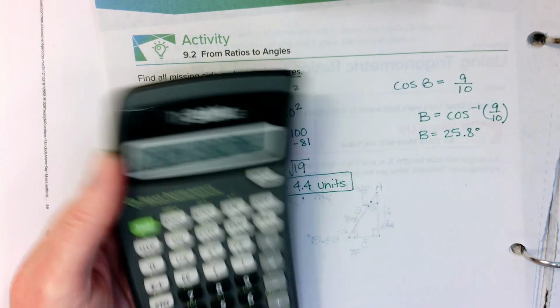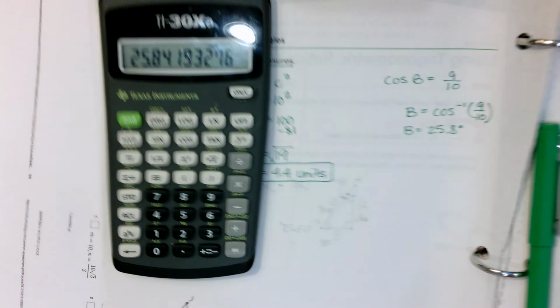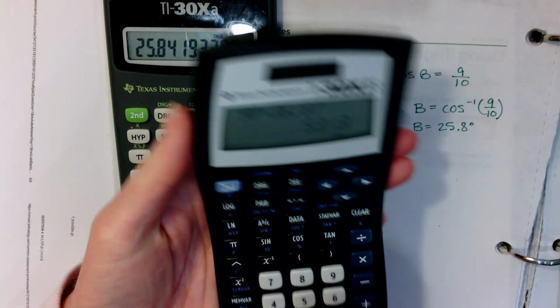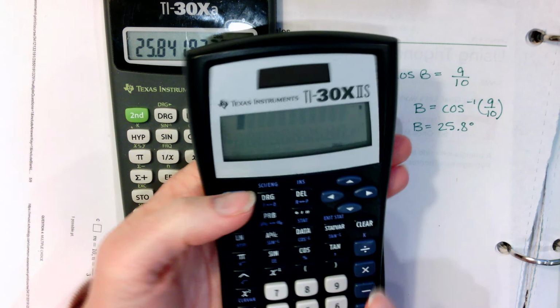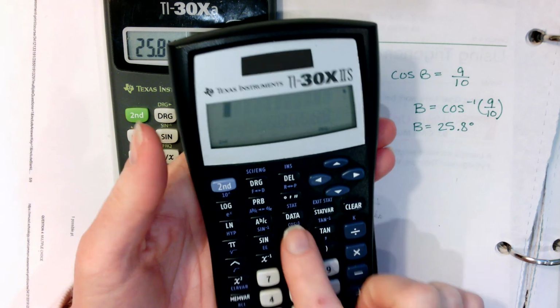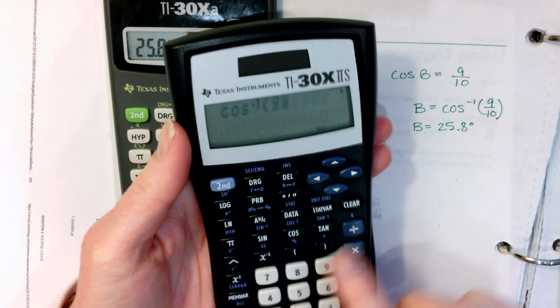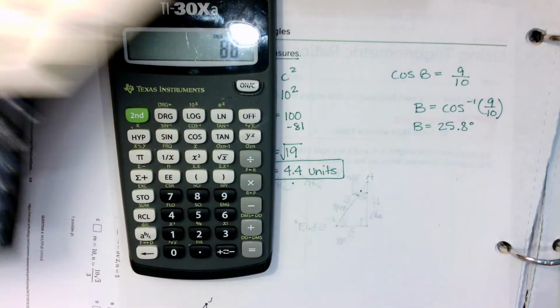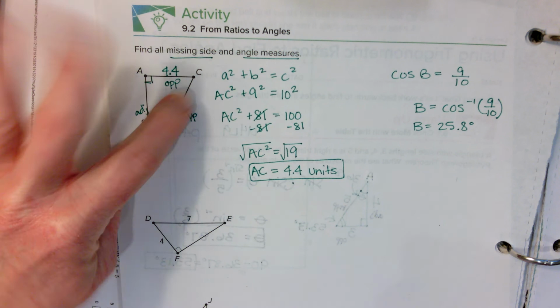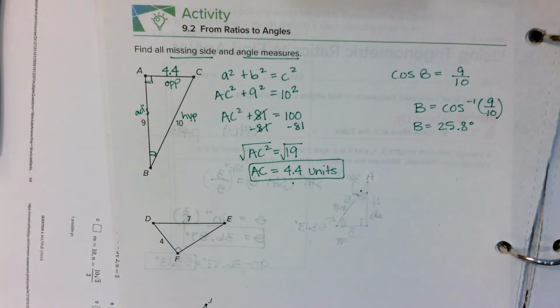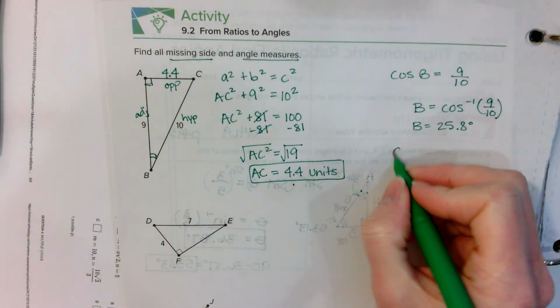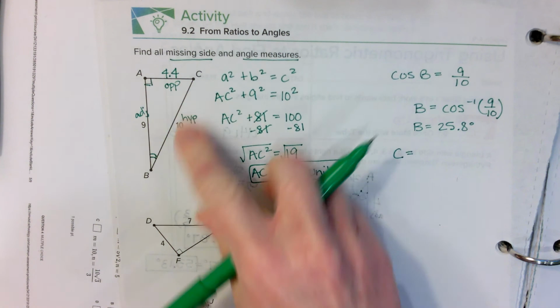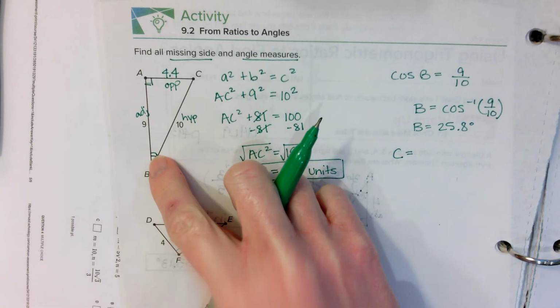If you're working with the other calculator, you're simply going to type in cosine inverse. Don't forget to hit your second button, cosine inverse of your 9 divided by 10, and you get the same 25.8. Now to find C, you could set up trig calculations if you want to, but remember, C is simply 90 degrees minus whatever B is.